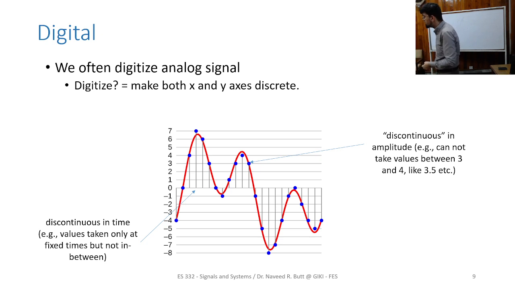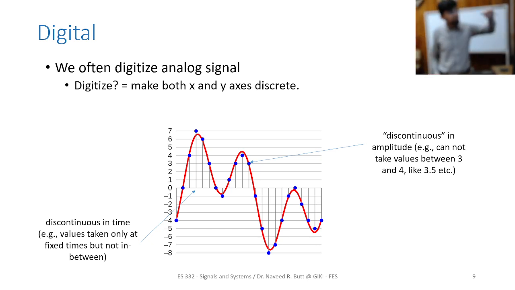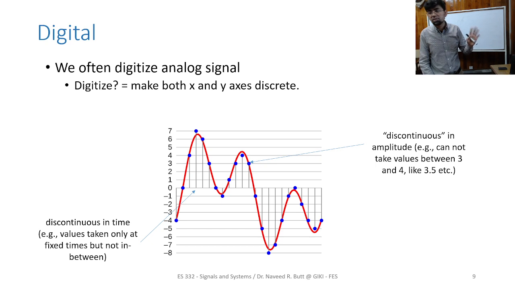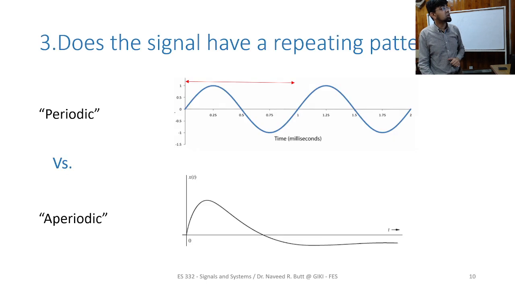You make binary or whatever you want to make, but you want to discretize along the y-axis also. How we do it is a separate topic. It doesn't matter right now. What we want to see is whether it is digital or not.